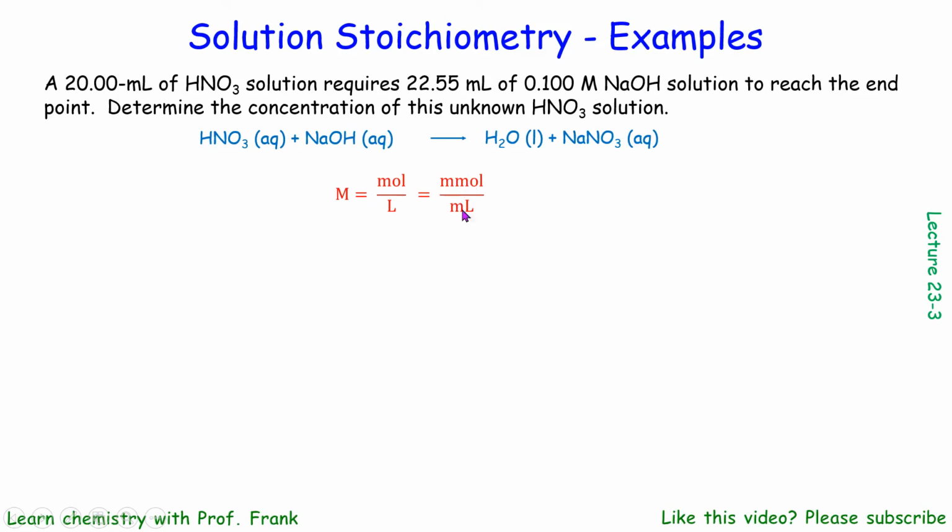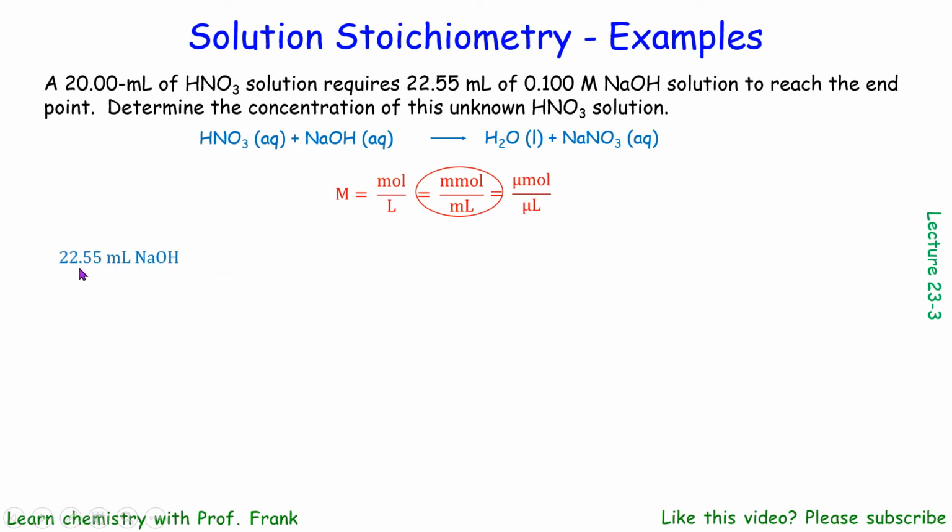And also understand that molarity also equals millimoles to milliliters, because in chemistry we use milliliters and millimoles a lot, and even microliters and micromoles. That's the same quantity, molarity, but three different ways to calculate it. And in this question, we are going to use the one in the middle, millimoles over milliliters.